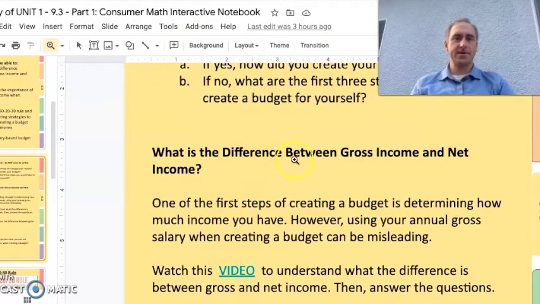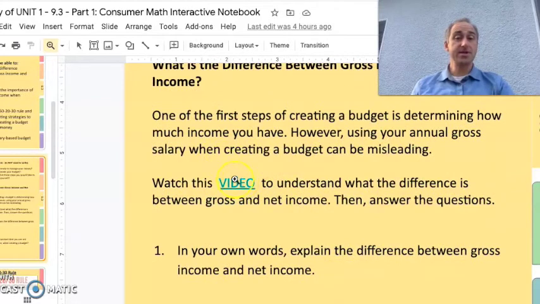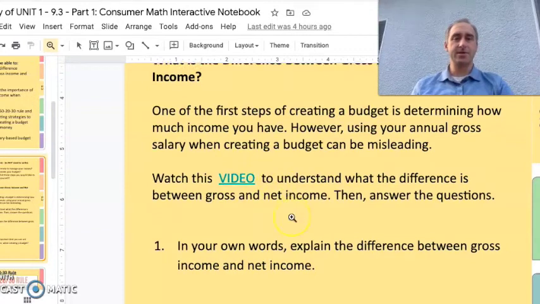What is the difference between gross and net income? One of the first steps in creating a budget is to determine how much income you have. However, using your annual gross salary when creating a budget can be misleading. Watch this video to understand what the difference is between gross income and net income, and then answer these questions.